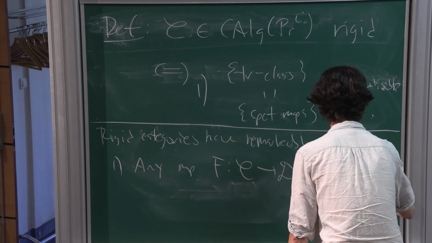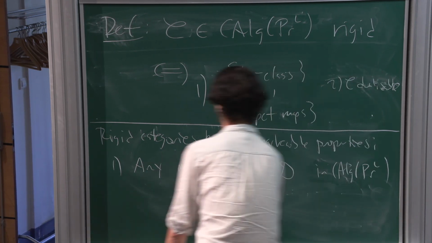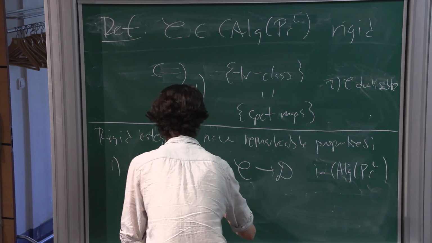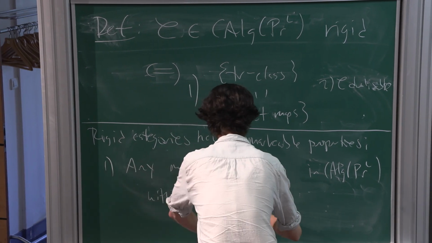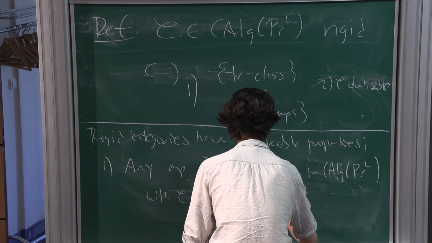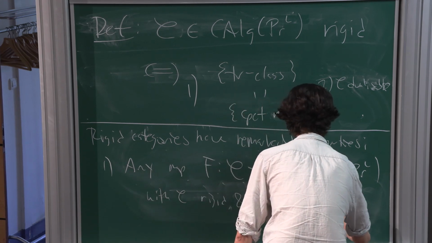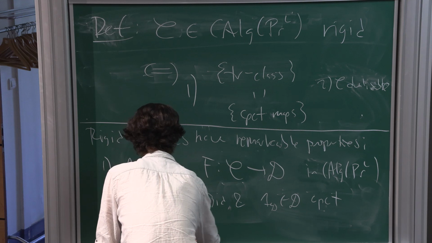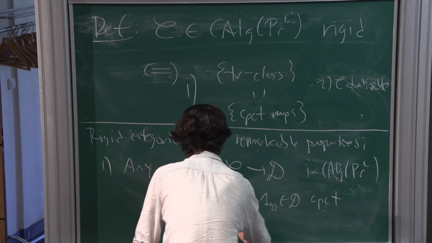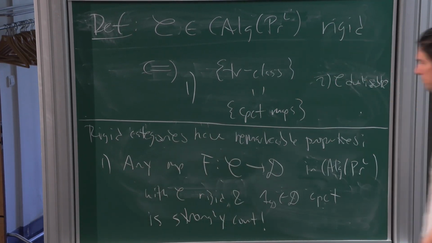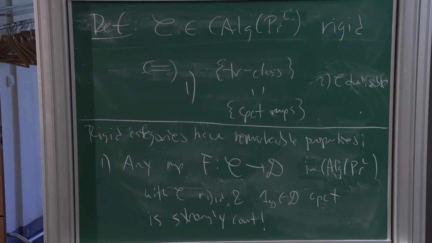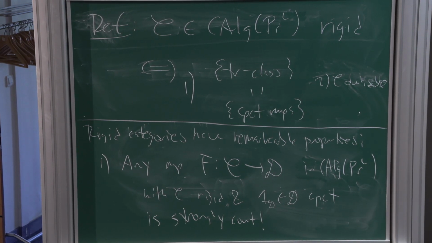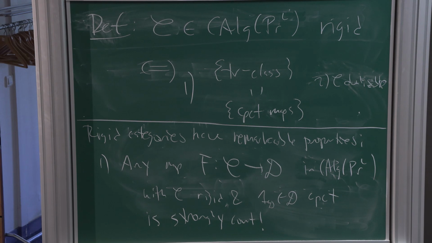In CAlg(PrL) with C rigid, and let's say the unit of D is compact, is automatically strongly continuous. So if you have a symmetric monoidal functor with a rigid source, you don't have to check this property.